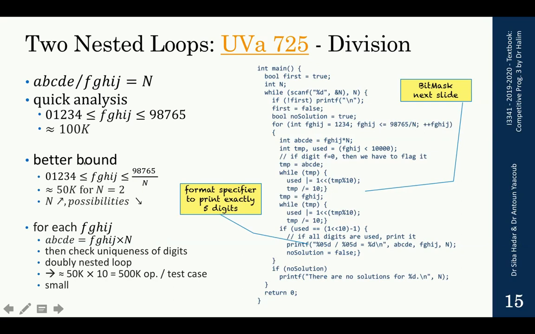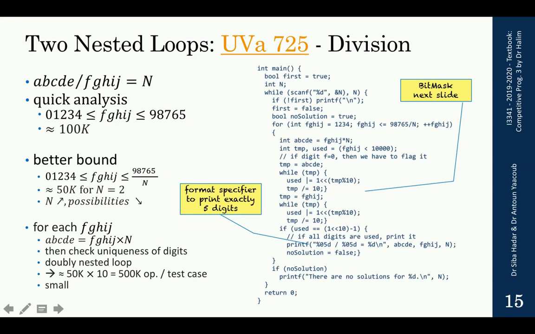A better bound would be to know that this is a division, a fraction, and each of the numbers is 5 digits. So ABCDE is composed of 5 digits, and the maximum that ABCDE can take is 98765.